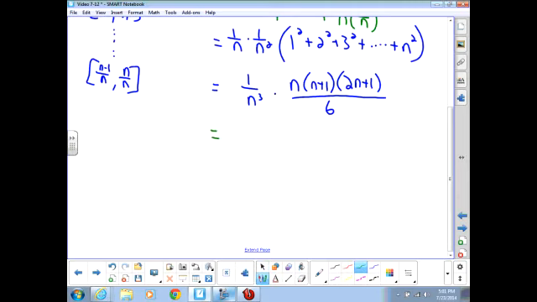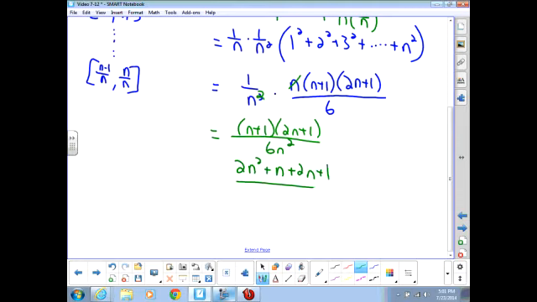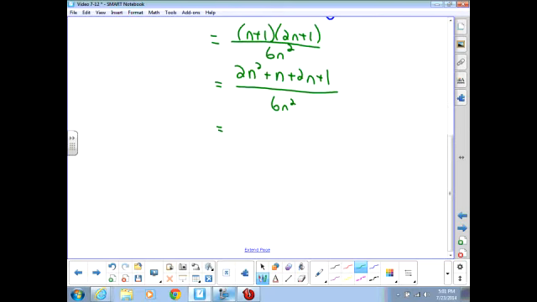We can take one n away from both top and bottom. So that will give us n plus 1 times 2n plus 1 over 6n squared. And if we FOIL out the top, we'll get 2n squared plus n plus 2n plus 1. And when you combine your like terms, you'll get 2n squared plus 3n plus 1 over 6n squared.